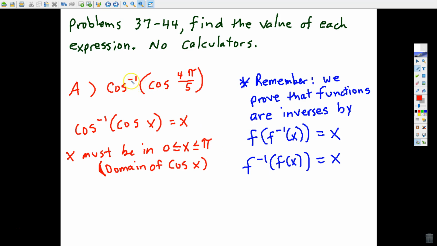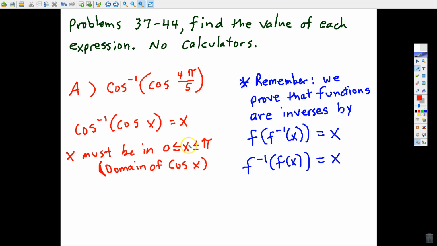Well, that's kind of what we're doing here. Notice I've got the inverse and I've got what we'll call maybe the original. And as long as this number, now it's in radians, fits the criteria that we talked about the other day, where, remember, for inverse cosine we're only looking at the top half of the unit circle.